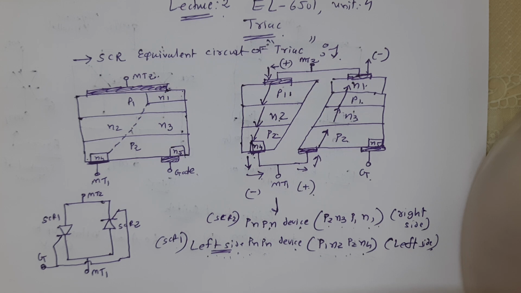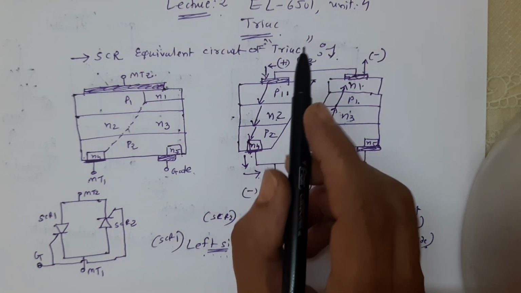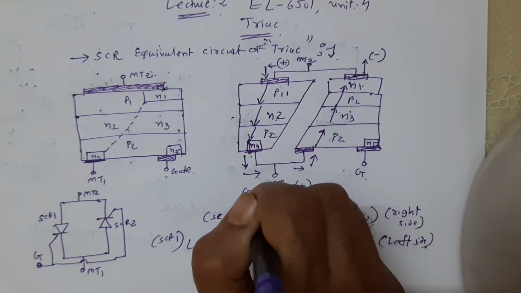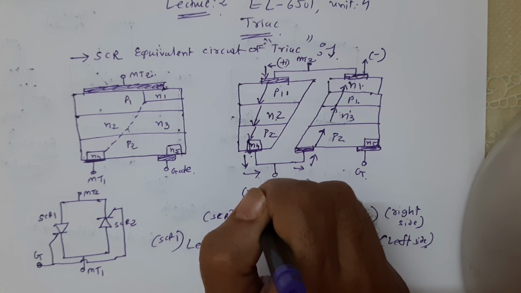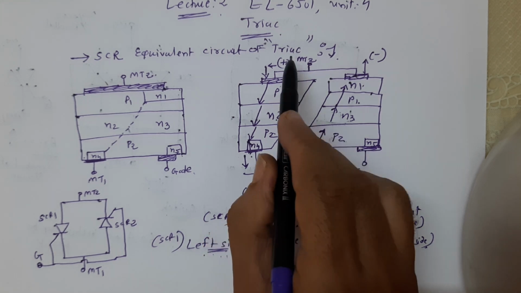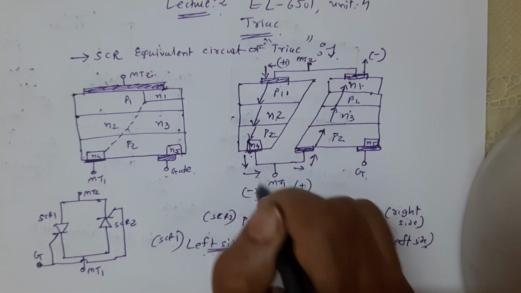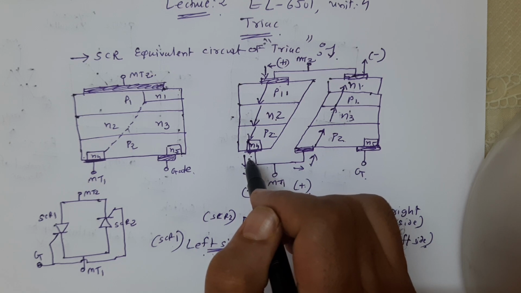Suppose the main terminal MT2 is positive and main terminal MT1 is negative. If the triac is now fired into conduction by proper gate current, then the triac will conduct current flowing in the path of the left half as shown in the figure.